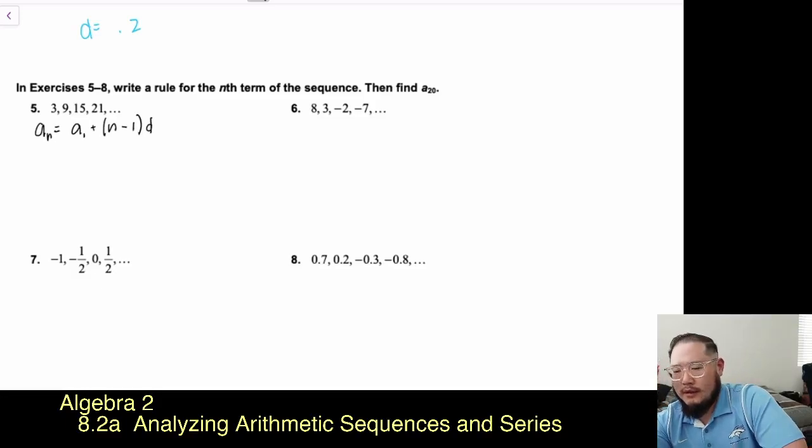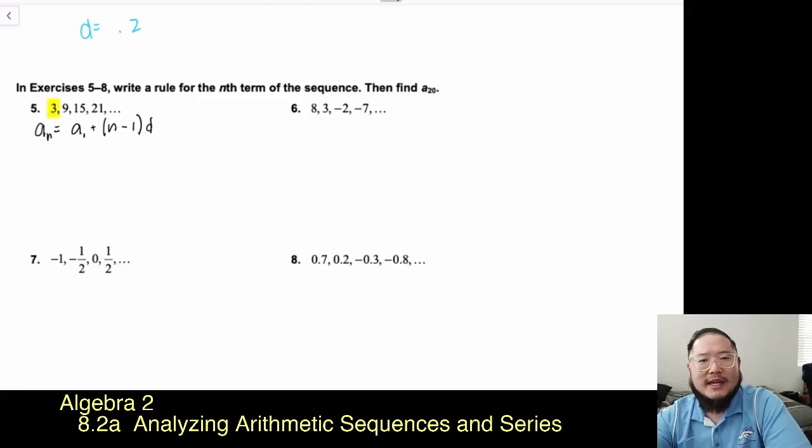So now that we have that, let's take a look at some of the key things. I'm highlighting that 3 because that's a sub 1. That's your first term.